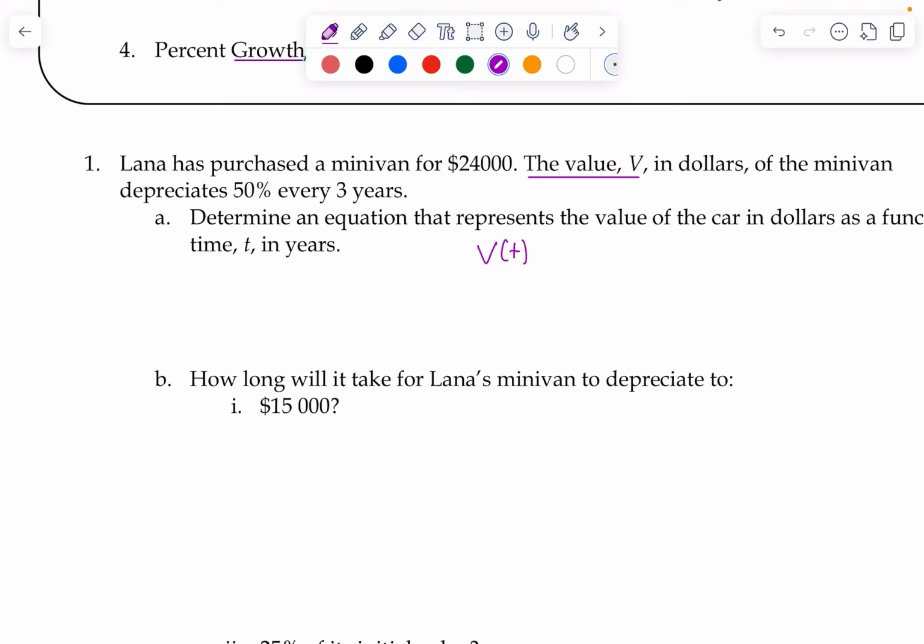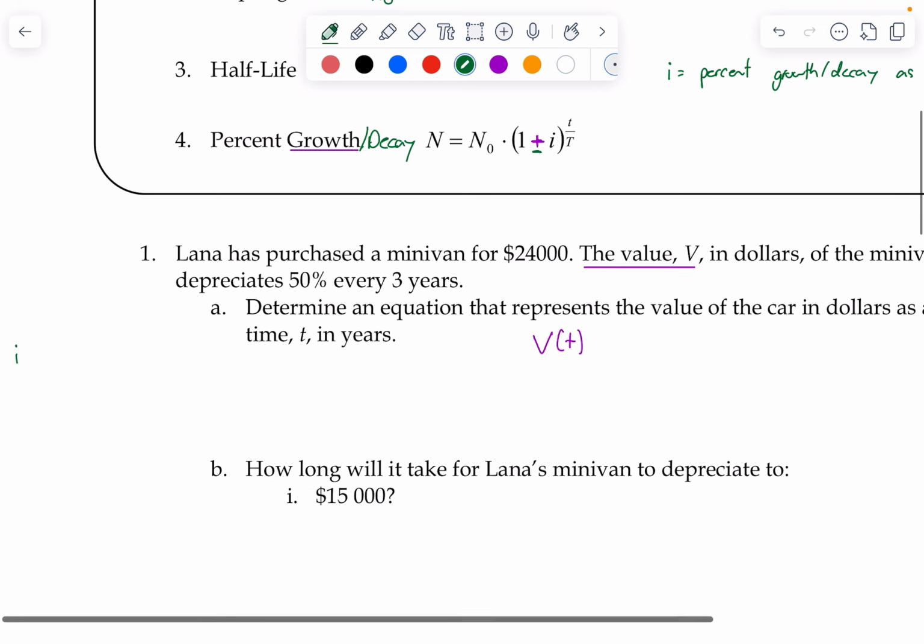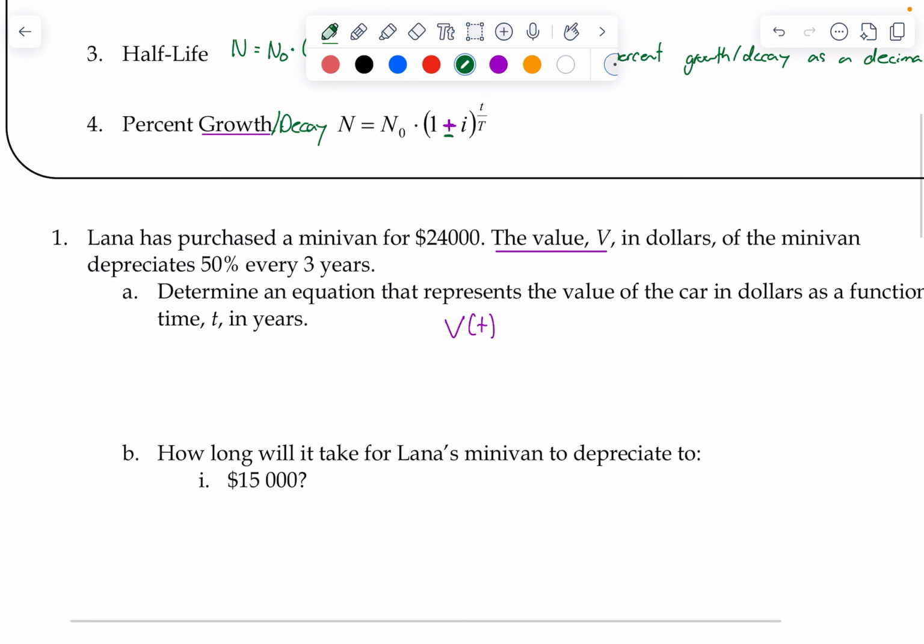Well, you can see that we're given a percentage, so I'm most likely going to be using this one right here. And it's saying it depreciates by 50%. This tells you that you're decaying, and it tells you that the I is, well, represent 50% as a decimal, 0.5.